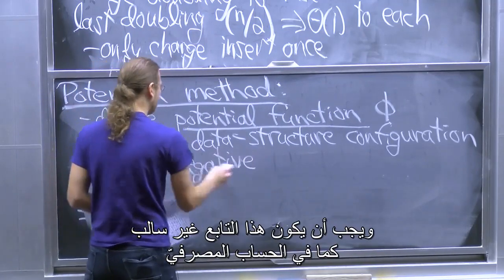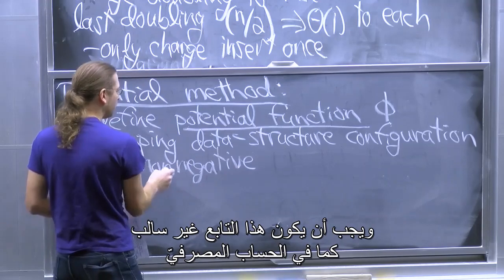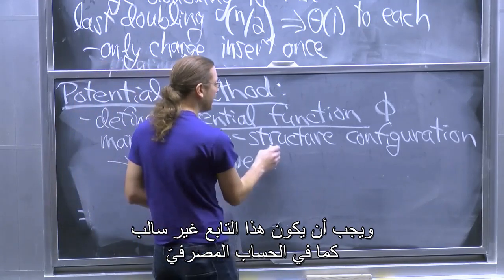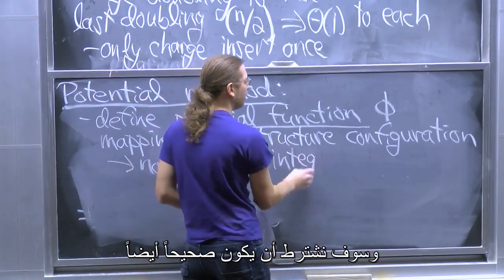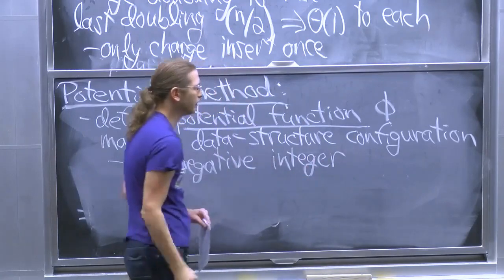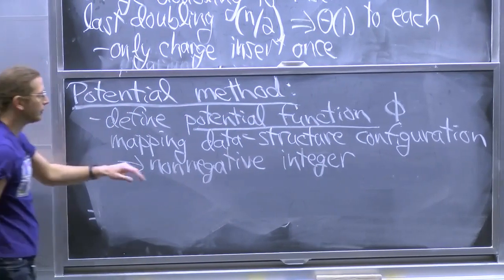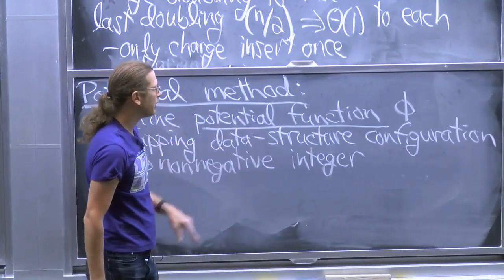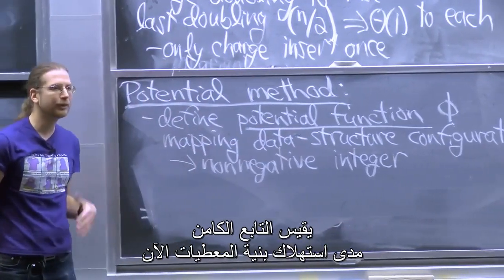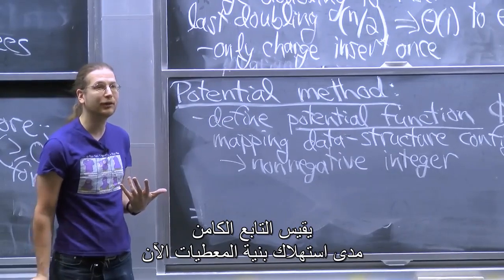Just like the bank account, we want this function to always be non-negative. We'll also make it an integer. That will be convenient. OK. And the potential function is basically trying to measure how bad the data structure is right now.